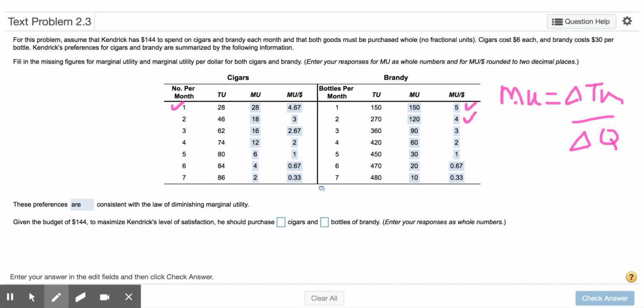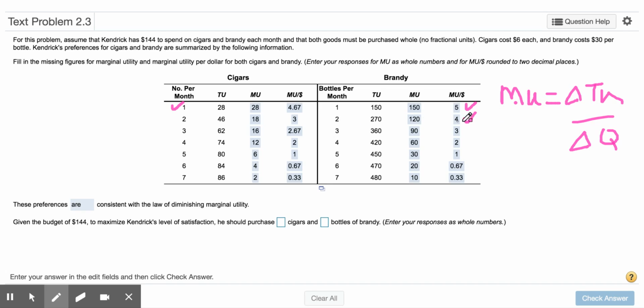So you should buy a second brandy. In doing so, you need to check whether we are still within the budget constraint. Two brandies will cost you 2 times 30, $60, plus $6 for 1 unit of cigars. That's 66. So we still have money, right? So we can go on.